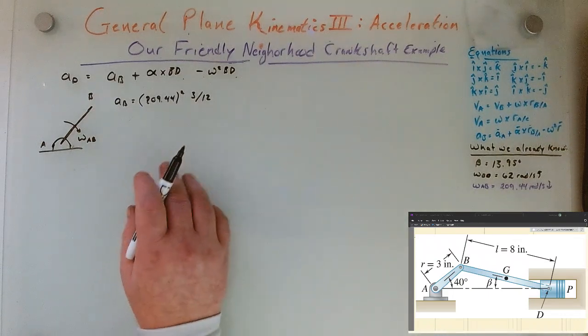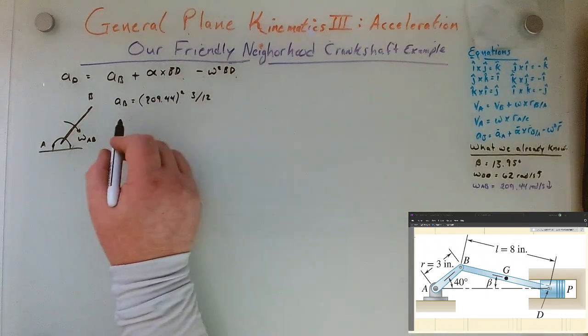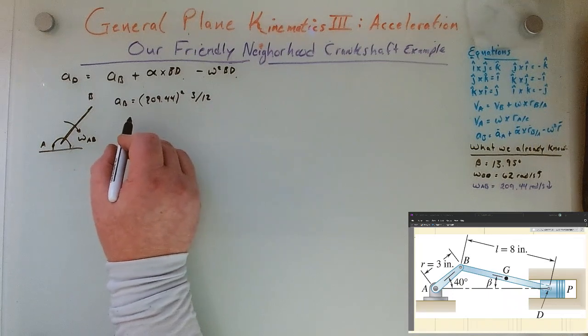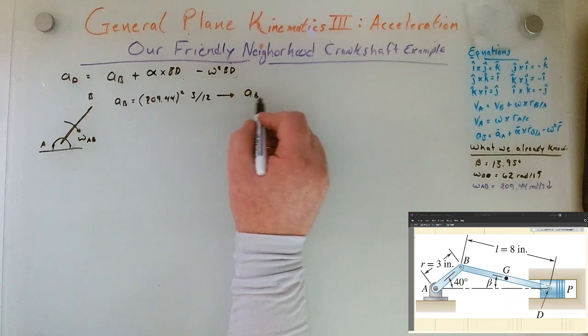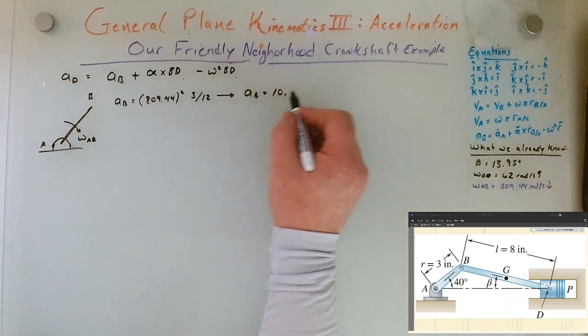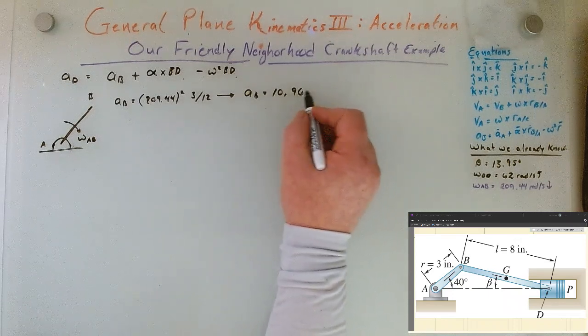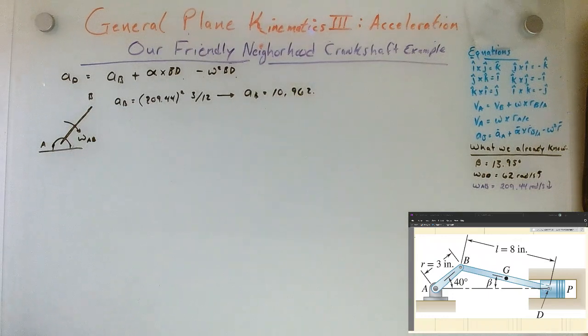When I multiply this out, A sub B is equal to 10,962 point, let me just do it again to make sure I don't mess this up, squared times 3 divided by 12.